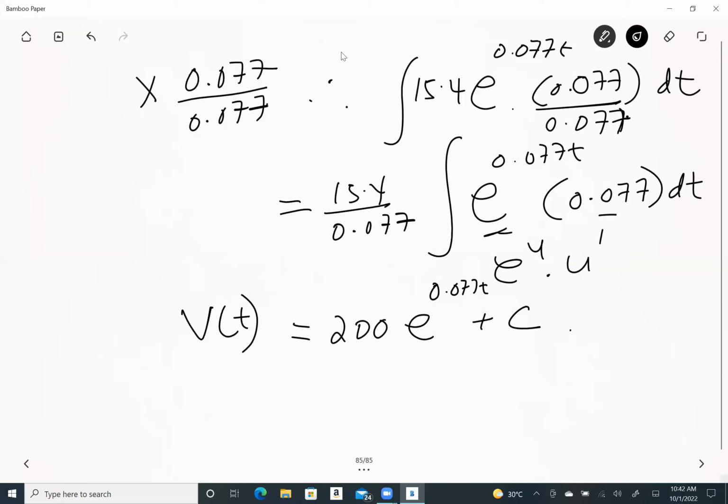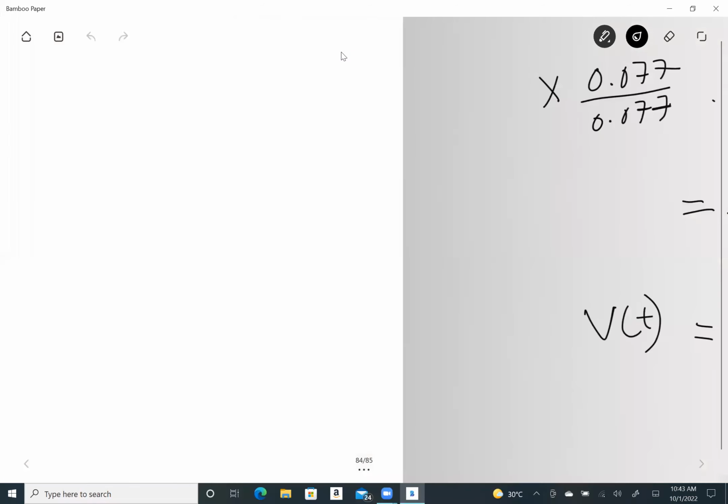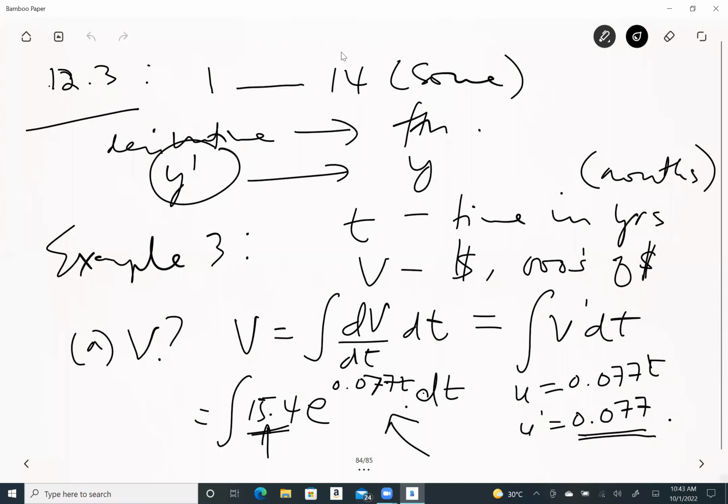Now you look at the information given here. Is this just like when you were doing the marginal revenue? You have a constant here. So in order for you to find the value at a certain time, I need to have the C. So we look at that example again, which I did not do, but now you have to do it.